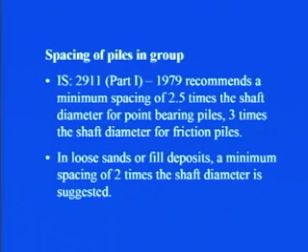Let us say at one particular site the spacing works out to be 2.5 times the diameter of the shaft, then at another site it can be more or less than 2.5 times. So, there you have to use your engineering judgment and find out the suitable spacing of the piles in the pile group.